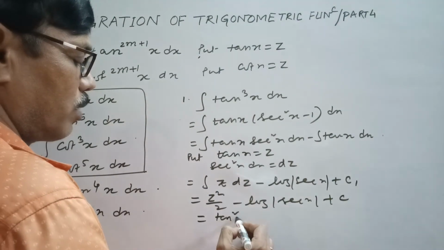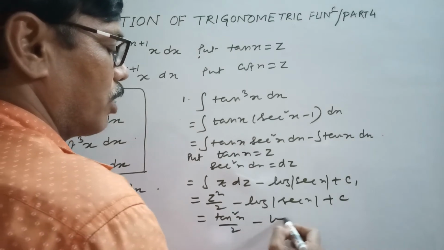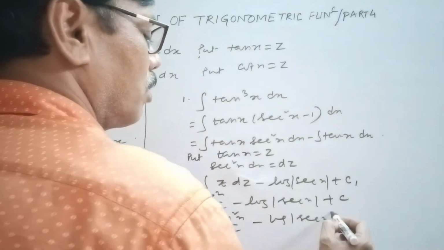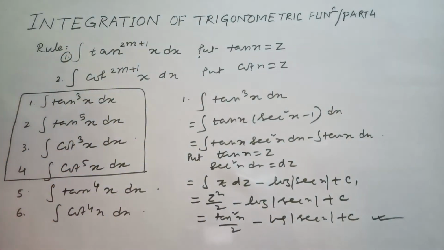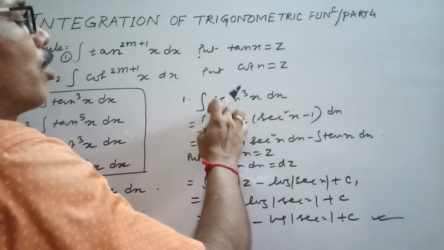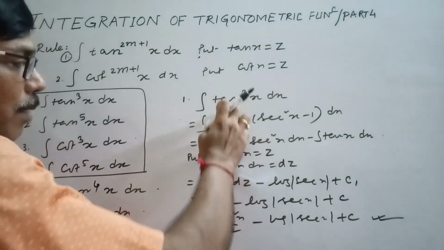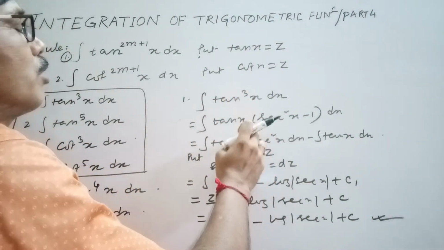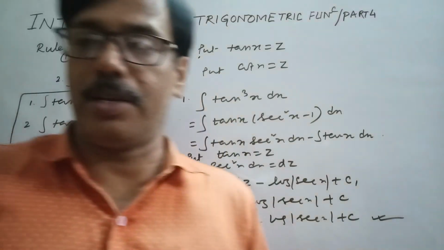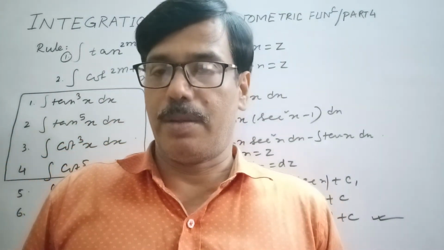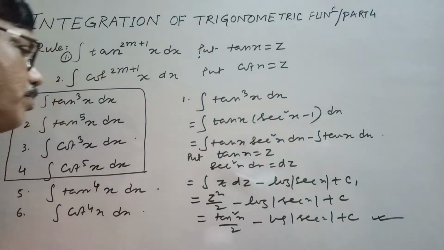Tan square x by 2 minus log sec x plus c. So if the power of tan is odd, after one step it reduces to the earlier rule, where the power of sec is even and the power of tan is even or odd.